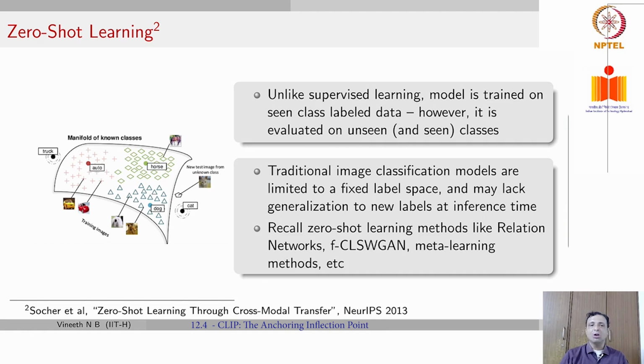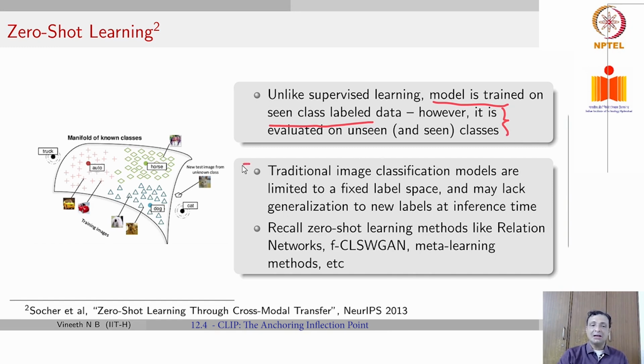Let's quickly recall what zero-shot learning means. Unlike supervised learning, the model is trained only on seen class labeled data in zero-shot learning, but the model is evaluated on unseen and seen classes. This is also called generalized zero-shot learning.